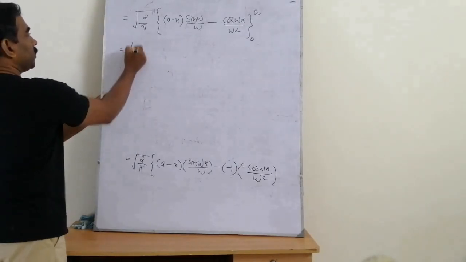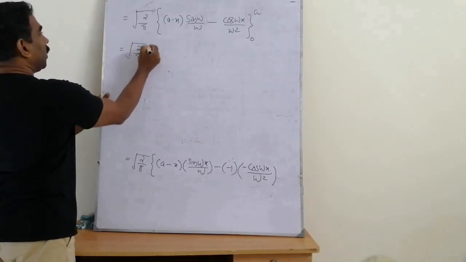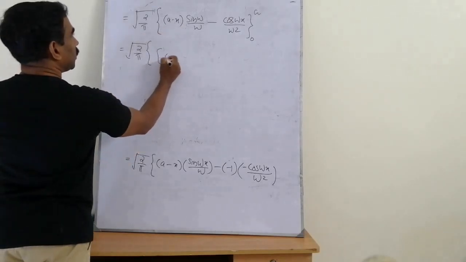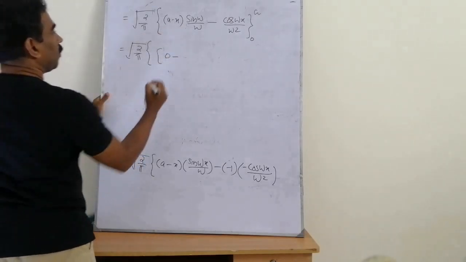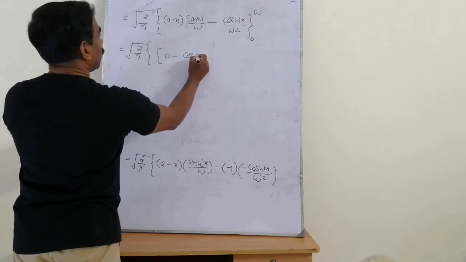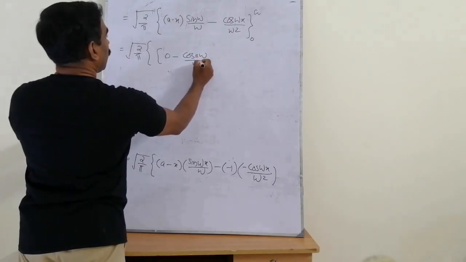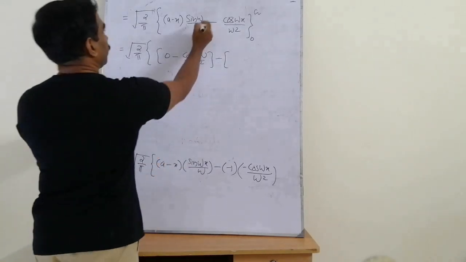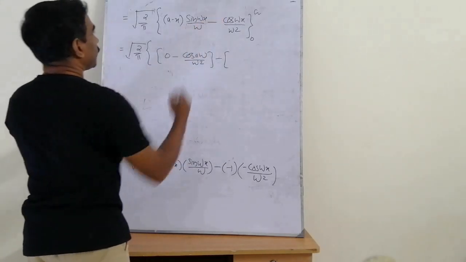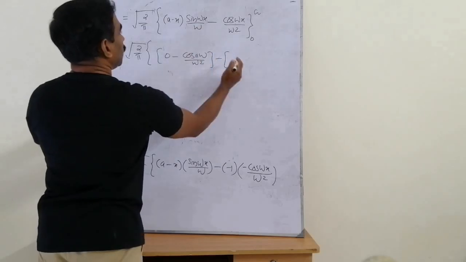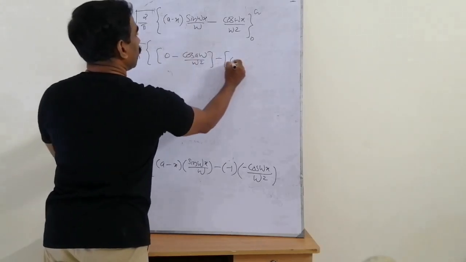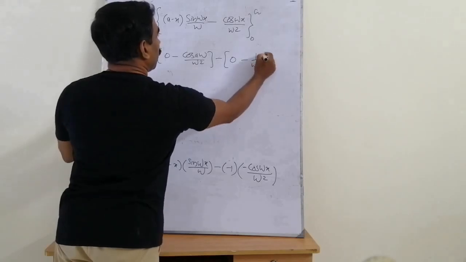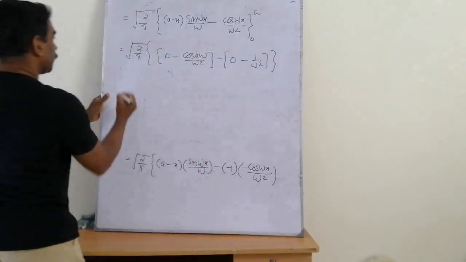Now substituting limits, square root of 2 by pi: in the upper limit we have a minus a, so the first term is 0, minus cos a omega by omega square, minus the lower limit. So this is sin omega x; putting x equal to 0, we have sin 0, so the first term is 0, minus cos 0 which is 1, that is minus 1 by omega square.